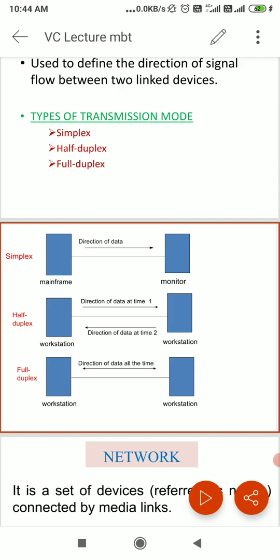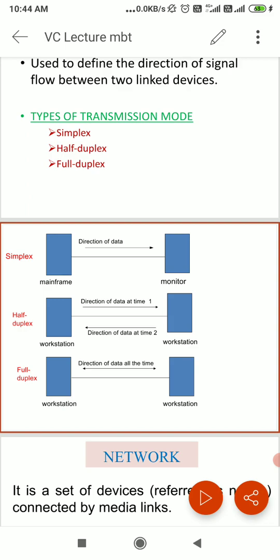At time 2, workstation 2 will give the information which will be taken by workstation 1. So we can say here in half duplex mode, each station can transmit and receive, but not at the same time. Where one device is sending, the other will be receiving.